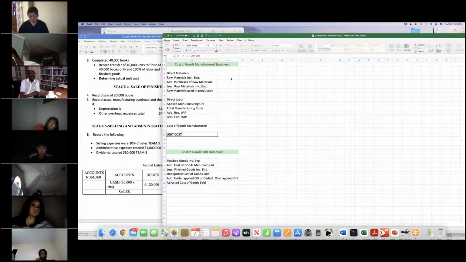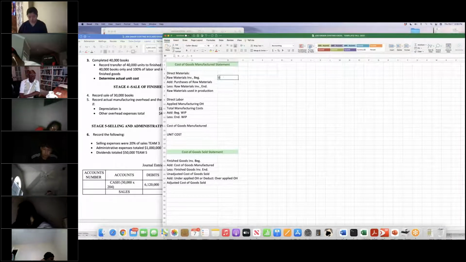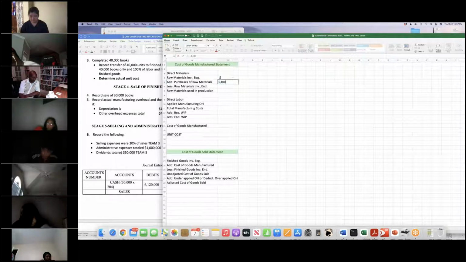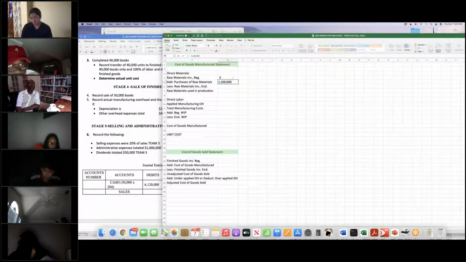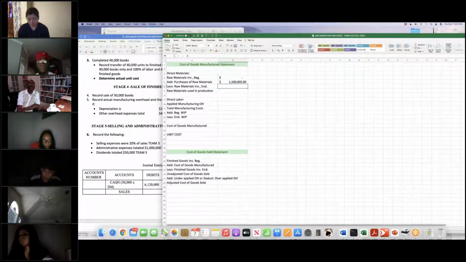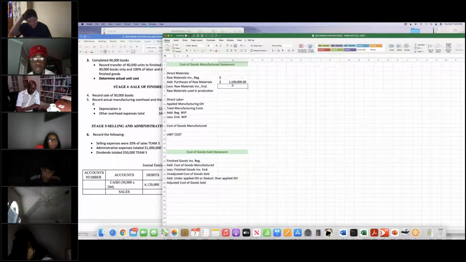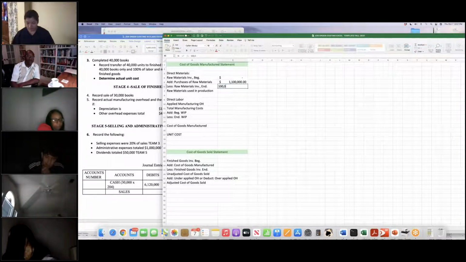So for the raw materials, we didn't have anything in beginning inventory. How much did we purchase? $1,100,000. The raw materials at the end were $100,000.